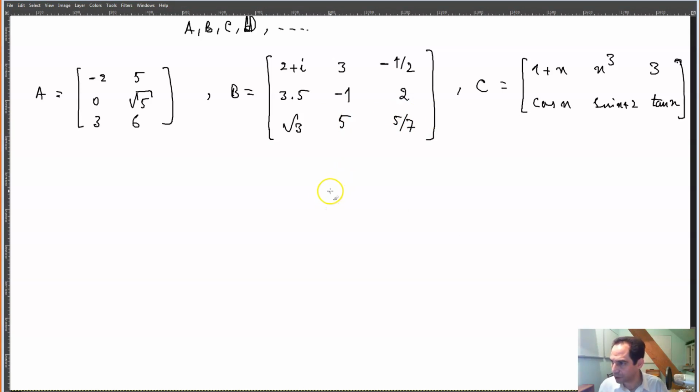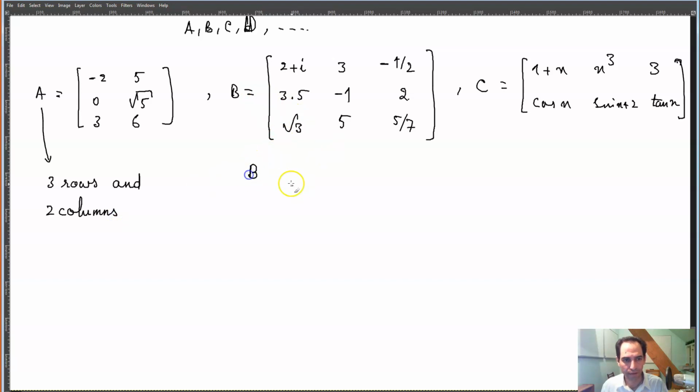Now, in these examples, the horizontal lines of elements are said to constitute the rows. So you can see that here you have 3 rows, here you have 3 rows, here you have 2 rows. And basically the vertical lines constitute the columns of the matrix, meaning that here you have 2 columns, 3 columns, and 3 columns. So basically A has 3 rows and 2 columns.